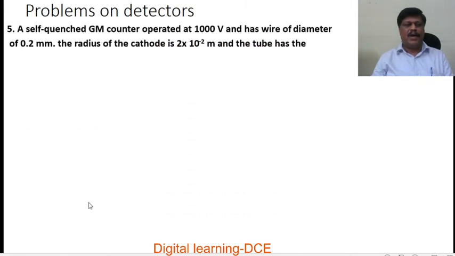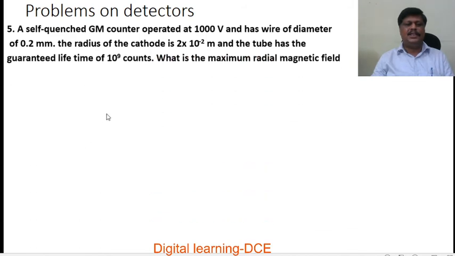Problem number 5. A self-quenched GM counter operated at 1000 volt, V is given, and has a wire of diameter 0.2 millimeter. The radius of the cathode is 2 into 10 power minus 2 meter, and the tube has a guaranteed lifetime of 10 power 9 counts.